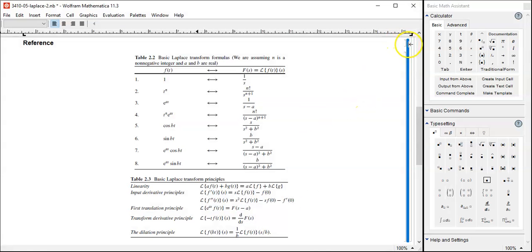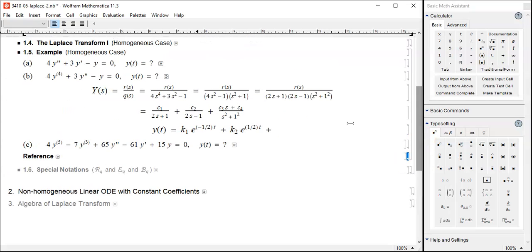Oops, I lost my notebook. So this is going to be k3 cosine of 1t, and then k4 sine of 1t. I guess that's it.